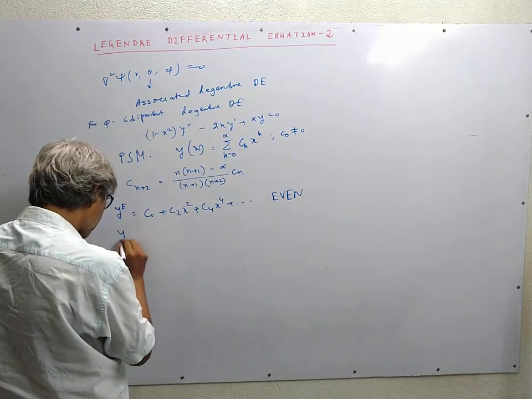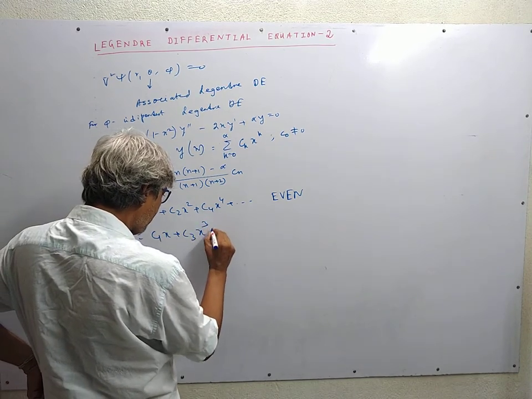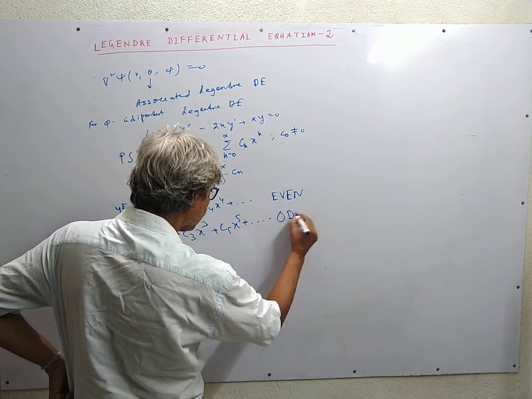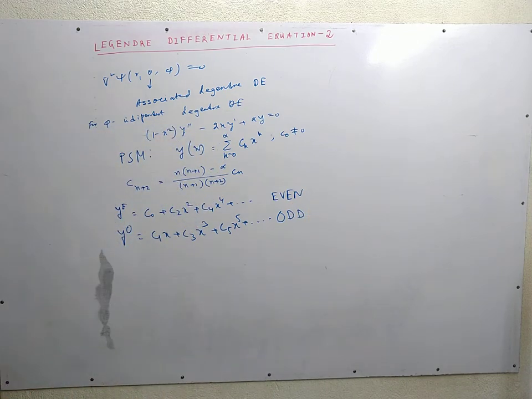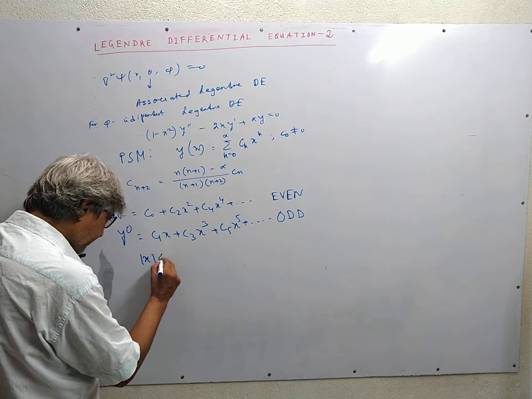The other series starts with C1 x, C3 x cube, C5 x to the power 5, and this is the odd series or odd solution. For general alpha both solutions are infinite series, so we need to check their convergence. It was found that by the ratio test, the series is convergent for mod x less than 1.